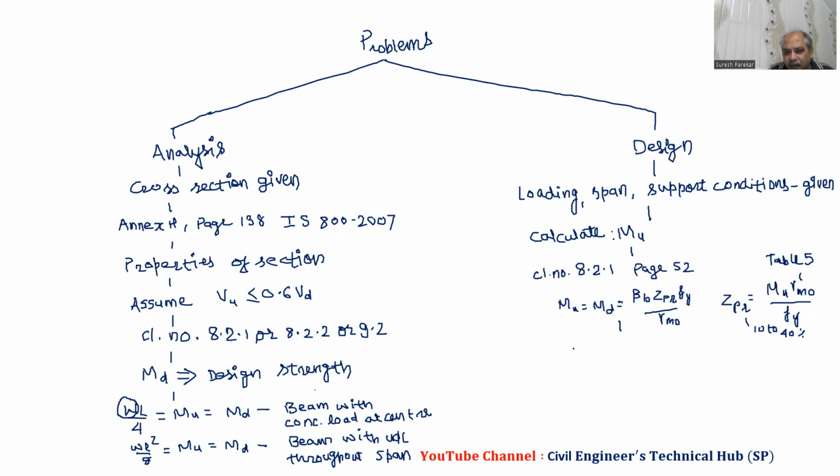Knowing ZP required, we have to select a section from Annex H and write down its properties, and then find the value of MD for the selected section.